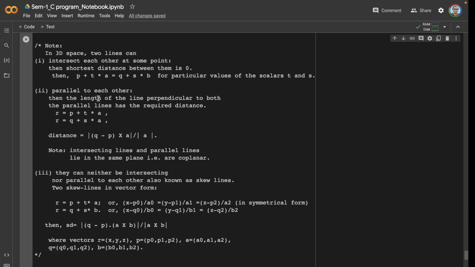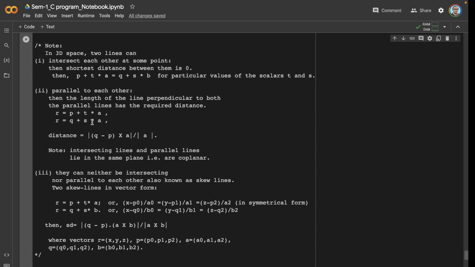The second case is parallel to each other, then r vector equals p vector plus t into a vector, and r vector equals q vector plus s into a vector. So here either the a vector or a scalar multiple of the a vector is the same.